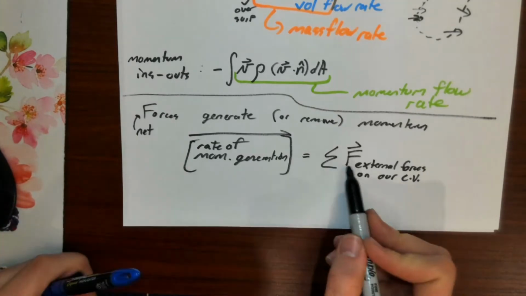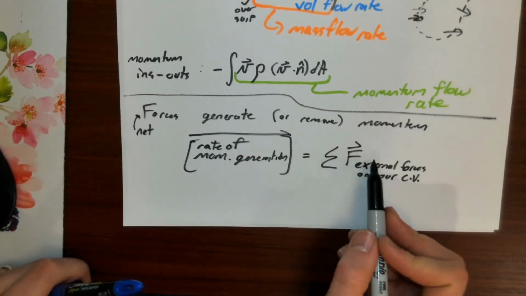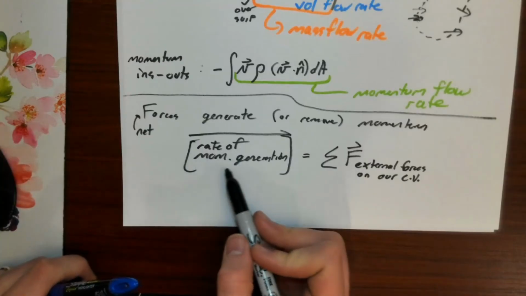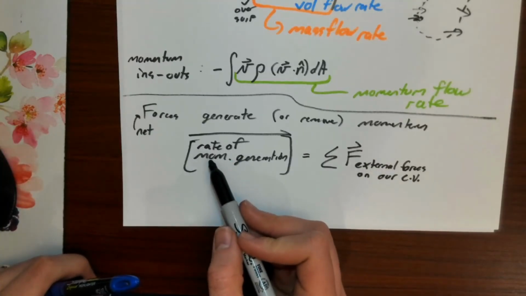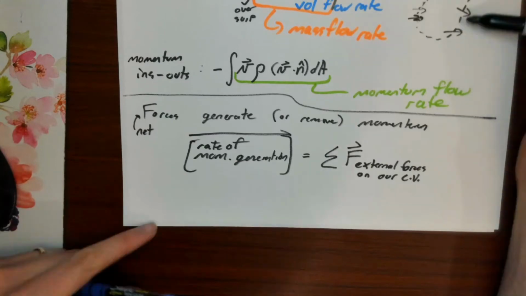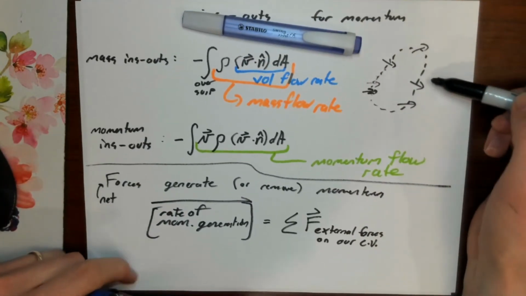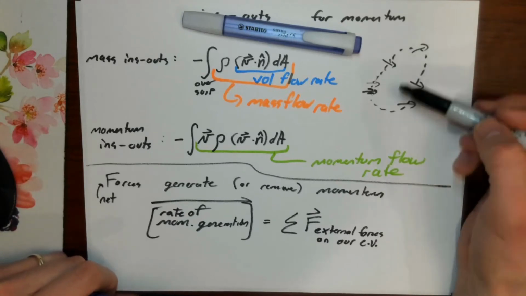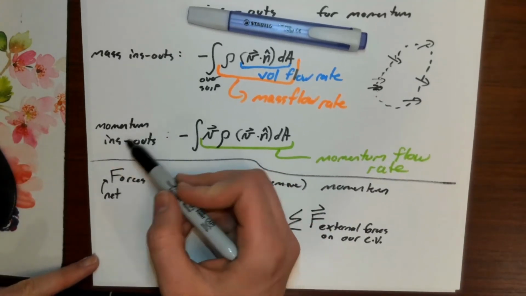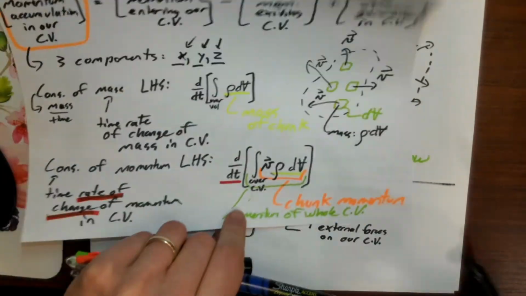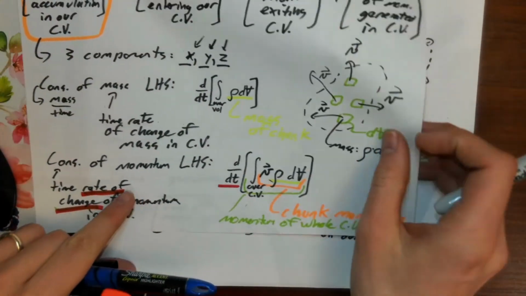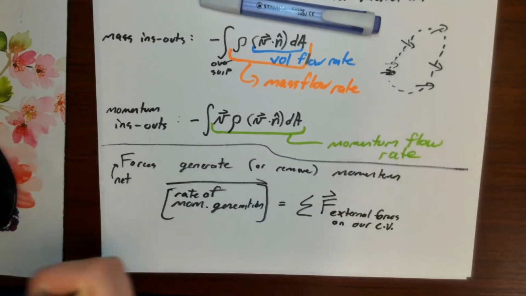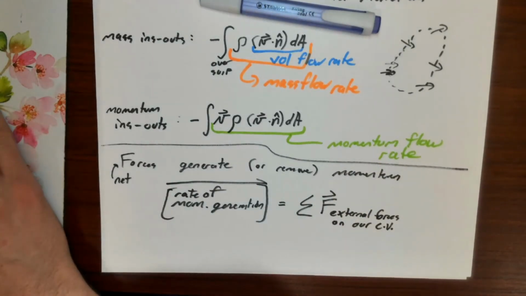So if I have external forces on our control volume, it's these external forces that are responsible for generating or removing momentum in this control volume. If I have some control volume right here and I apply some external forces to it, it's those external forces that are responsible potentially for an imbalance of ins and outs or a time rate of change of momentum in the control volume. So it's these external forces that are the momentum generators or removers.